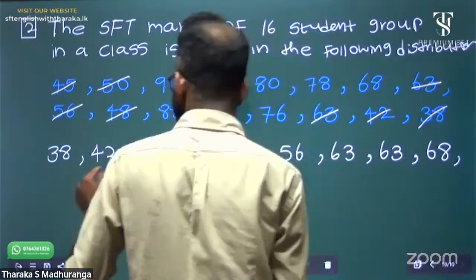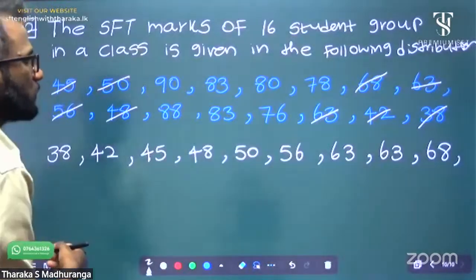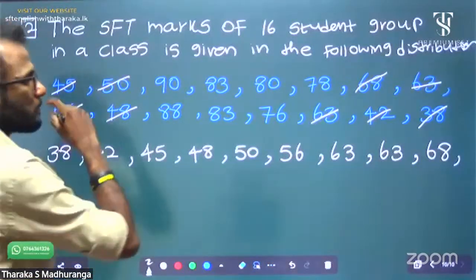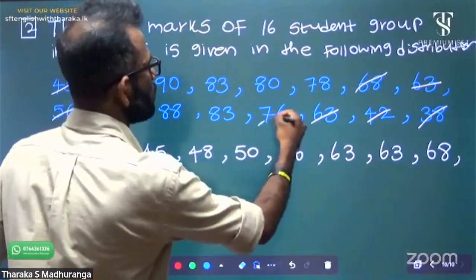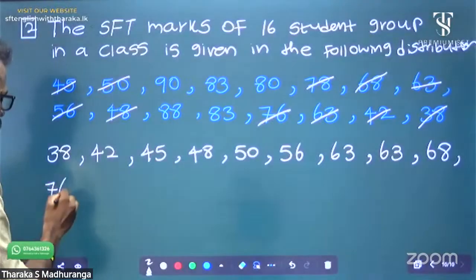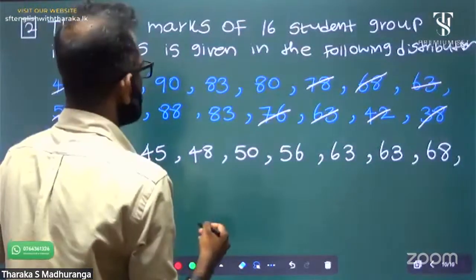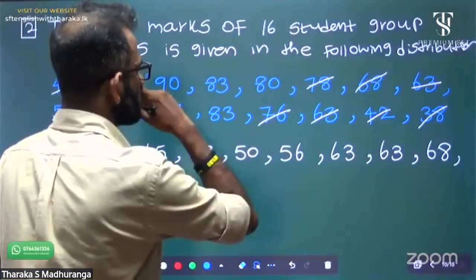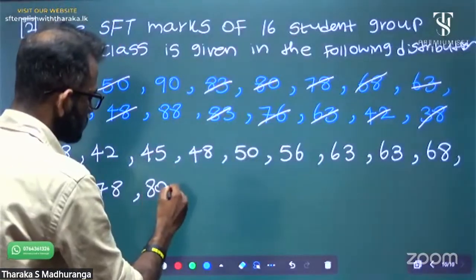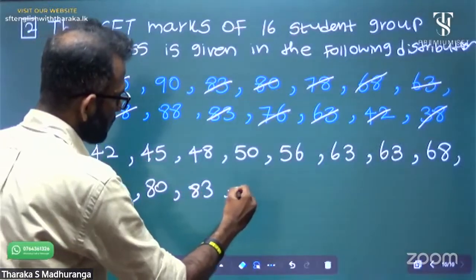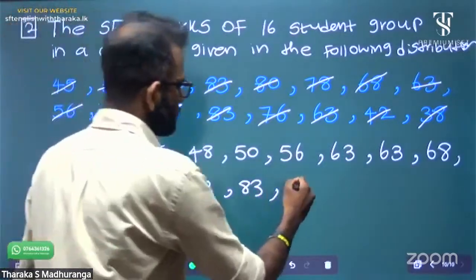Now 68 done. 60 values complete. 70 values: 76, 78. 80 values: 80, 83, 83. 88, 90.